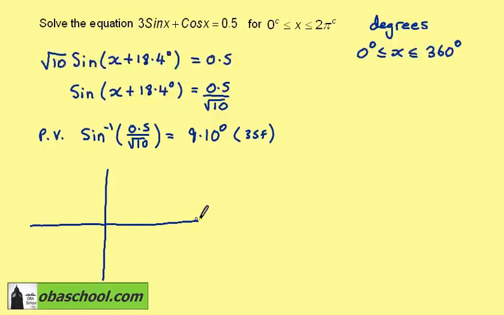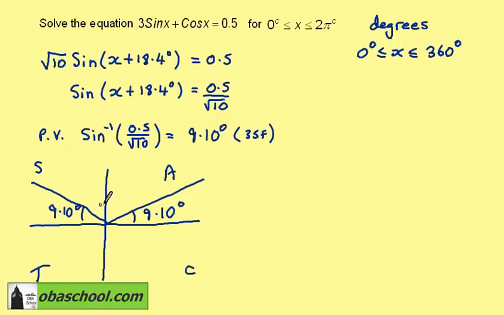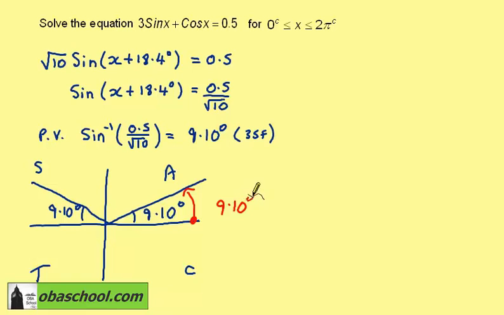If we now look at a CAST diagram, A, S, T and C, 9.10 degrees is here in the A quadrant. Sine is positive, so the other will be here in the S quadrant, 9.10 degrees from the horizontal axis. So we now need to look for solutions. Going forward here, the first one is at 9.10 degrees.